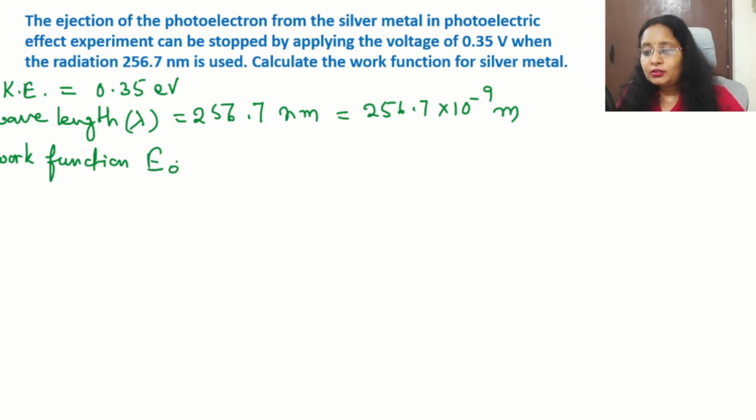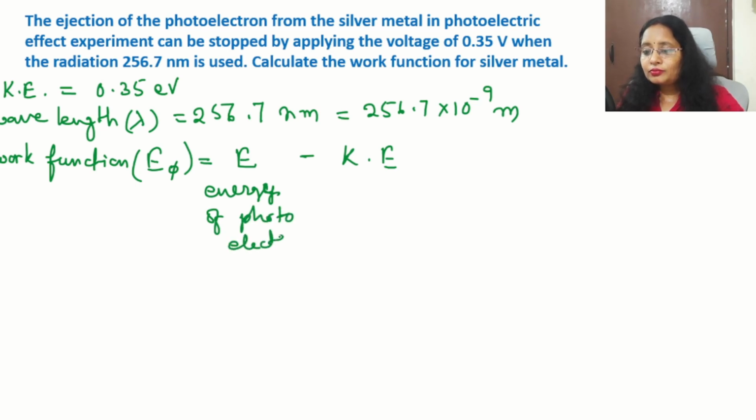Work function E naught is equal to the energy of the photon minus kinetic energy. We knew this. This is the energy of the photoelectron and KE is the kinetic energy.